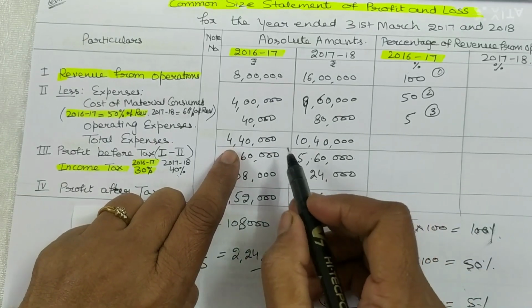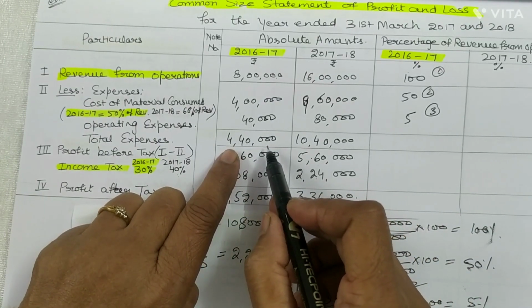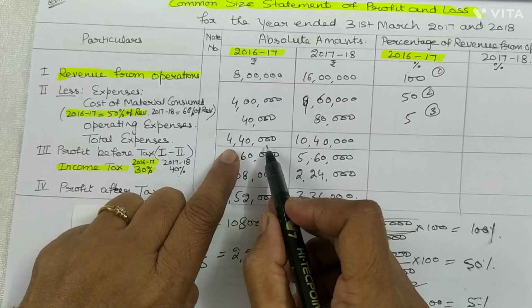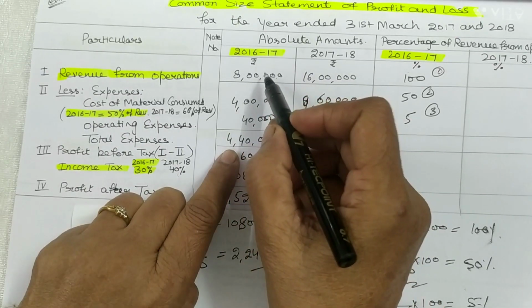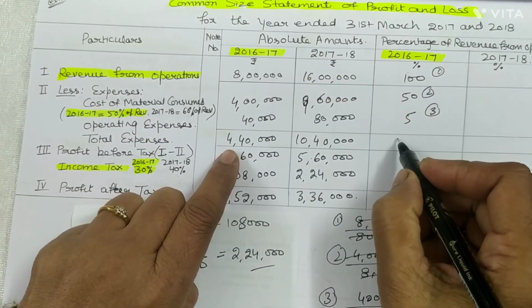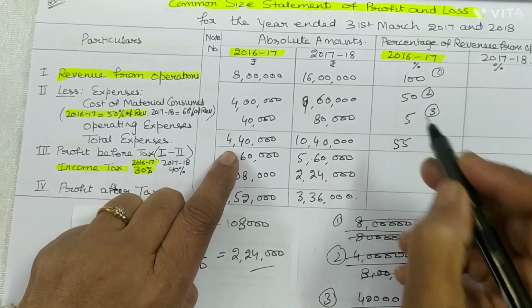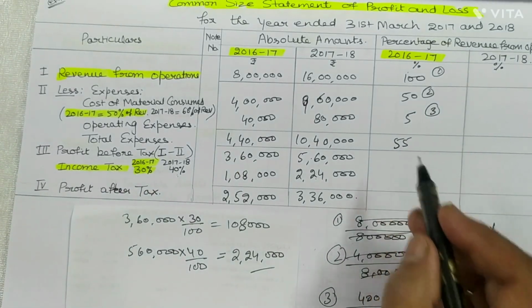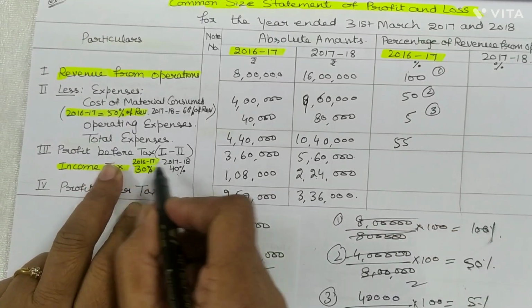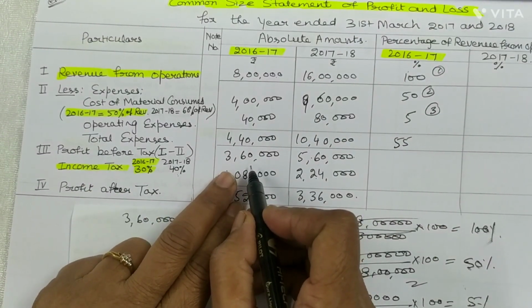Next is 4 lakh 40,000, total expenses, divided by revenue into 100 is equal to 55%, or you can say 50 plus 5 is equal to 55%.